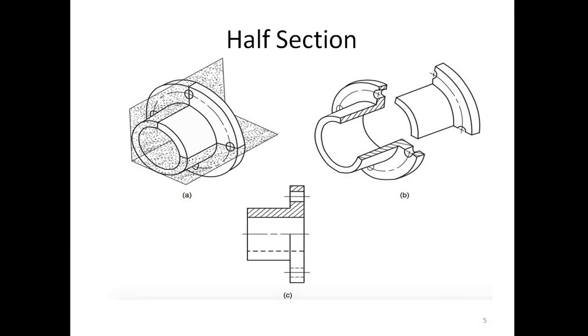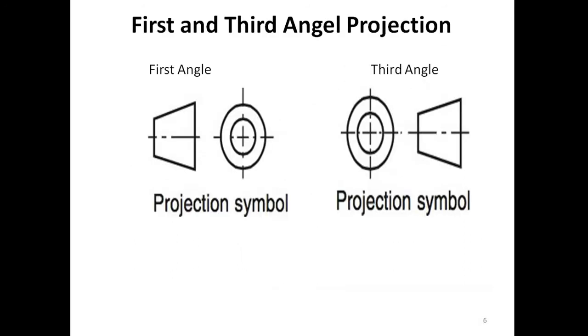When we cut it as a half section, the view comes like in figure C, that is one part is a sectional view and another is not a sectional view. So such methods are there, full section and half section. It depends on understanding of the component, visibility of the component, and the criticality of the component. So the design engineer must be aware which type of section must be used, full section or half section, because the drawing must be clear to other persons.